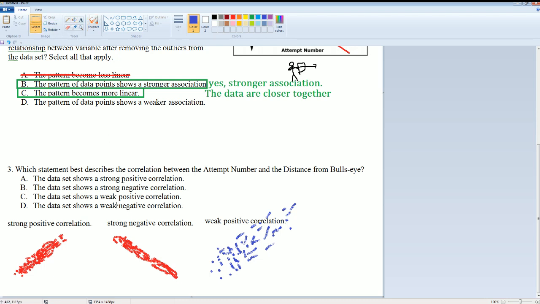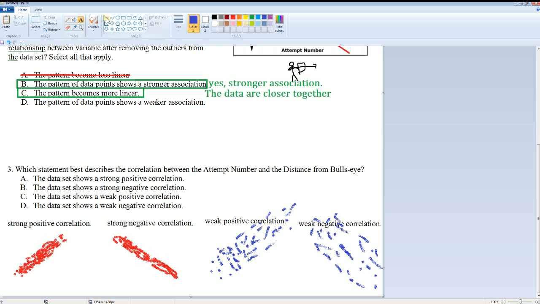And let me show you what negative weak is. This one will look something like this. Notice how it is going down, but it's more spread apart. That's what it means by correlation.